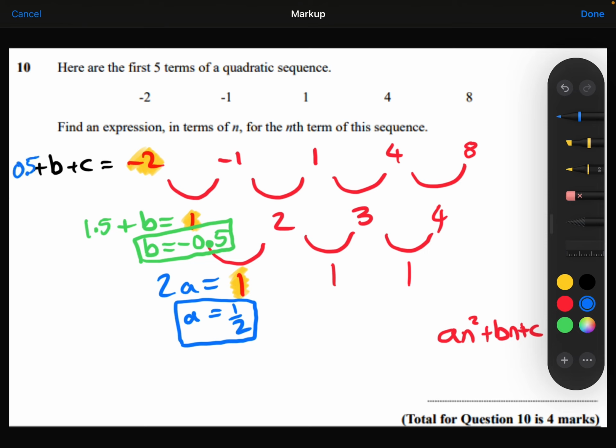We know that the b was minus 0.5. The 0.5 minus 0.5, well, they just cancel out and give 0. So we just get that c is equal to -2.